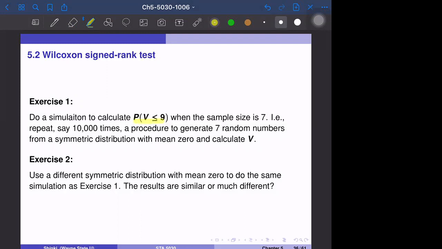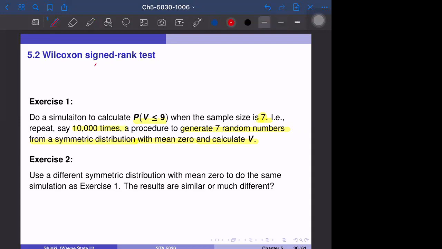The distribution of V only depends on the sample size, so with 7 given we should be able to calculate the sample distribution of V. How to do that? At first, generate 7 random numbers symmetric around 0, and then calculate V. Then we repeat this 10,000 times.